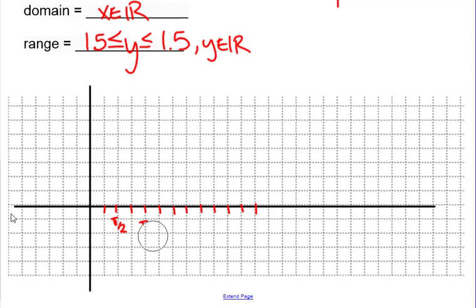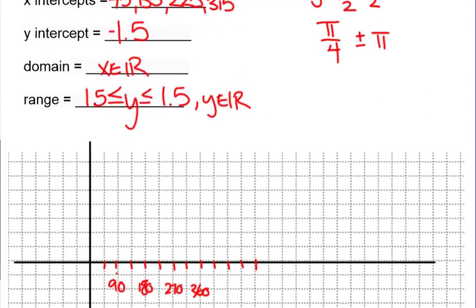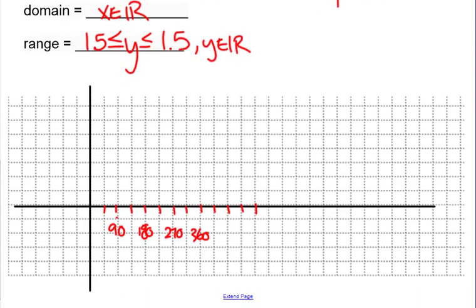Oh, we're in degrees, classic. 90, 180, 270, next one would be 360, and that's already going to give us 2 full cycles. So then if we have a half, 1, negative 1.5, half, 1, positive 1.5.